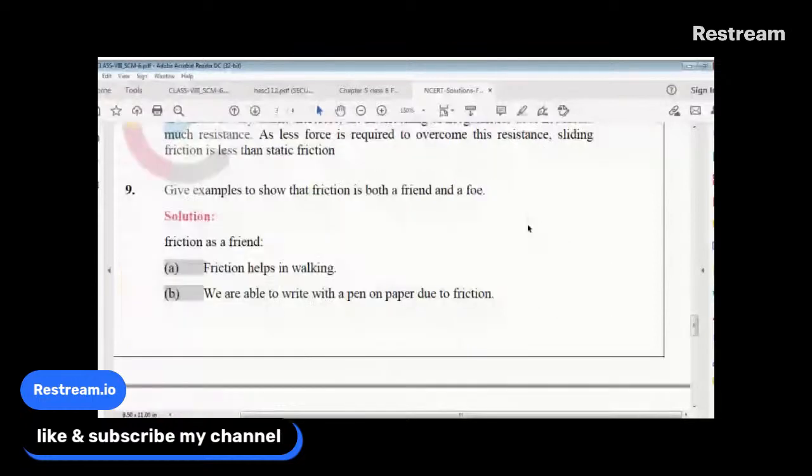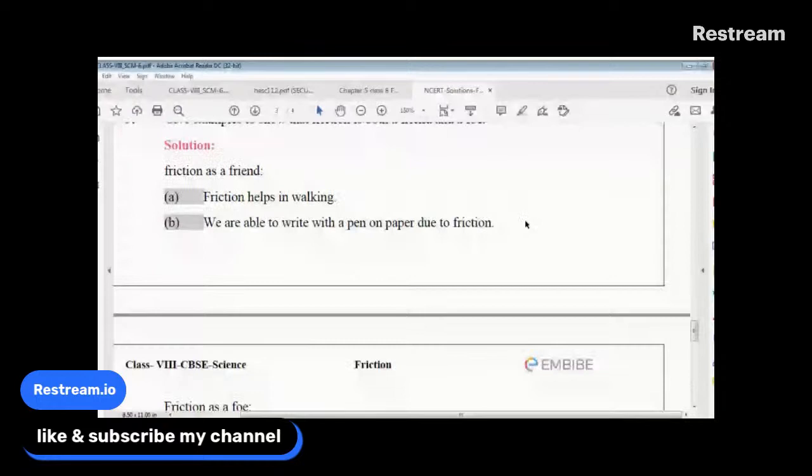Next, friction as a foe. Friction leads to loss of energy as heat. I've already told you it also causes noise pollution, wastage of energy, and because of friction, the tires and soles of the shoes wear out, tear and wear. There was also a point, right?